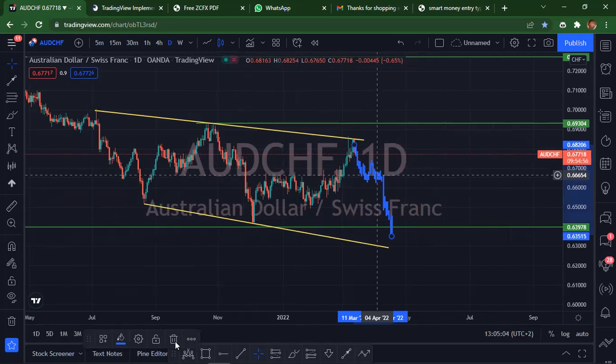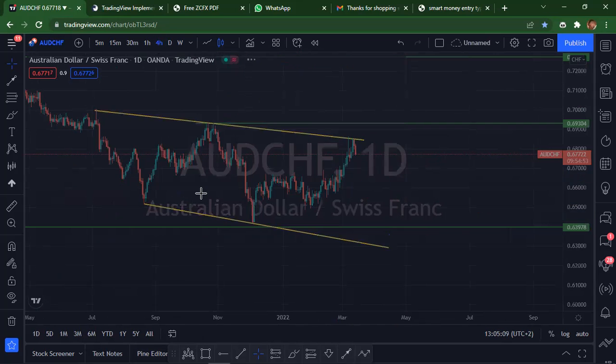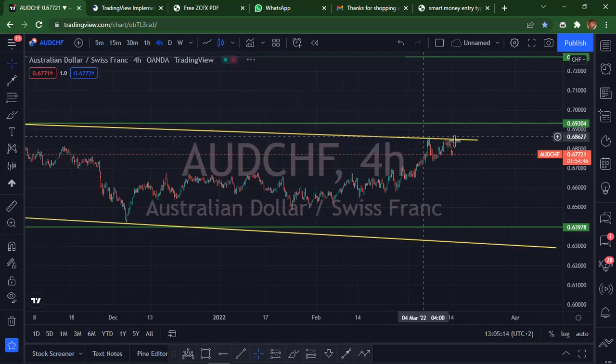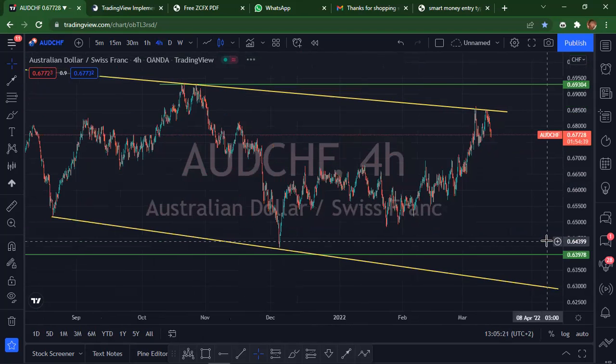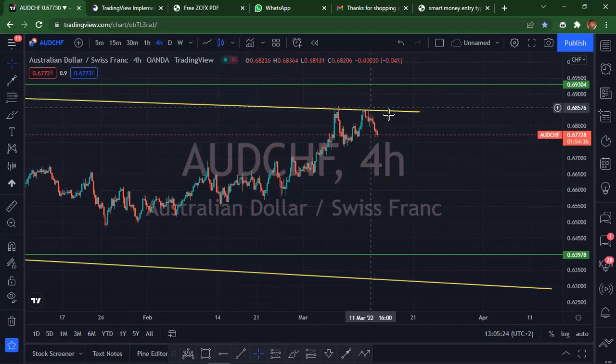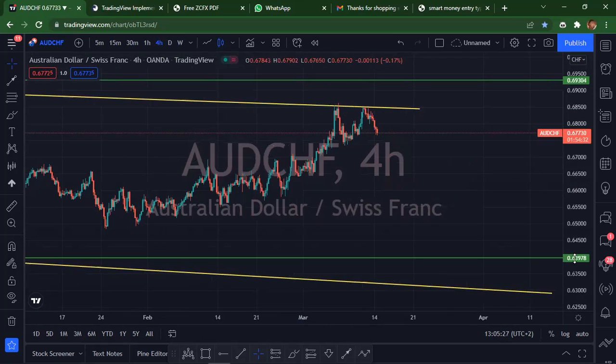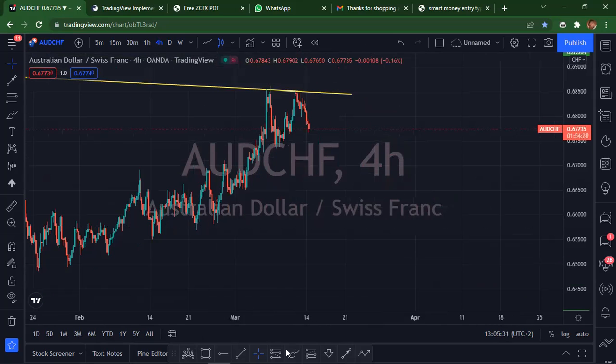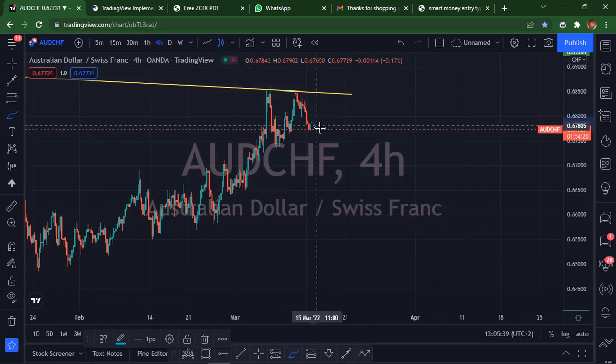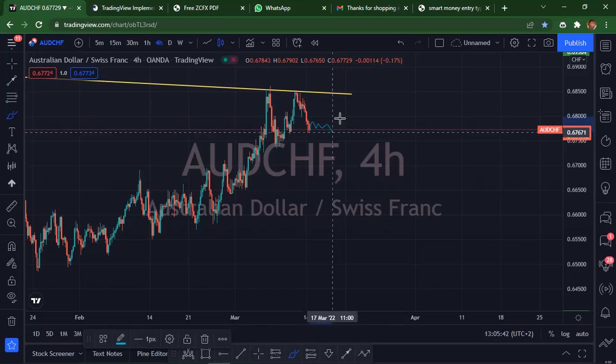So we will scale down to a lower time frame, and we see that other people sold here, but some of you missed the opportunity, and we just have to wait for something more like this on a bigger time frame. I prefer to use the 4-hour time frame and the 1-hour time frame.